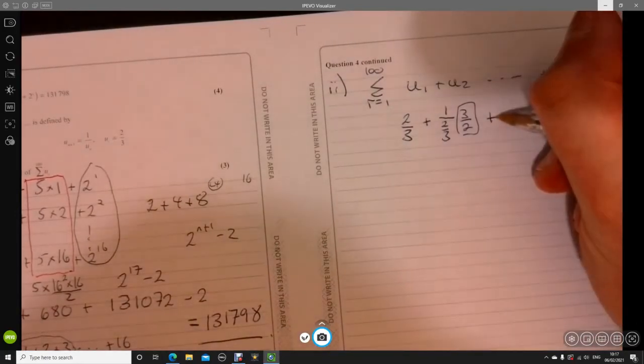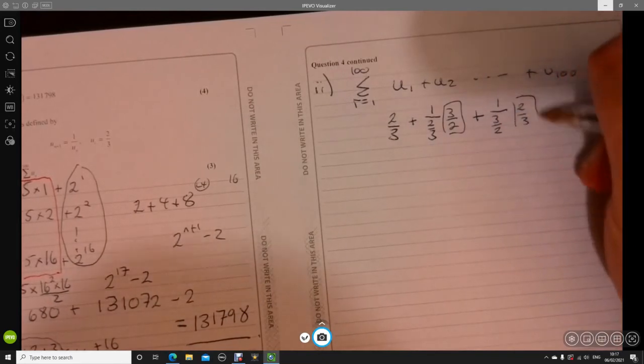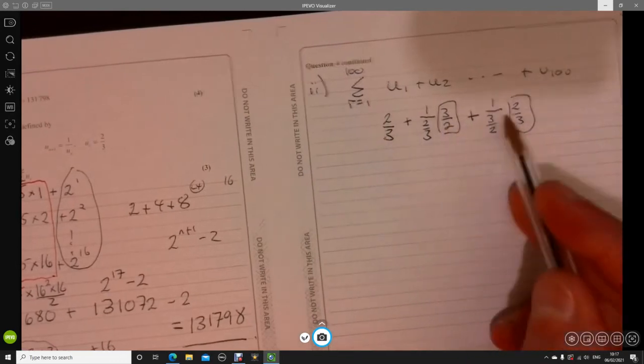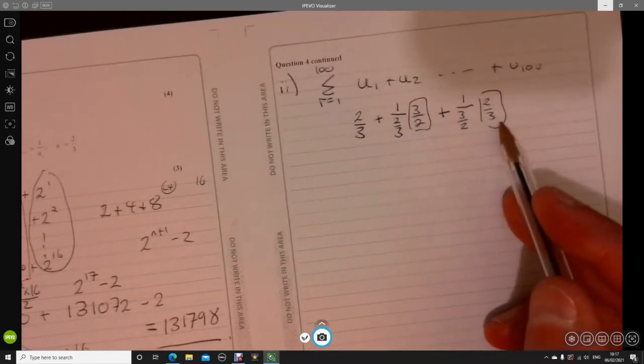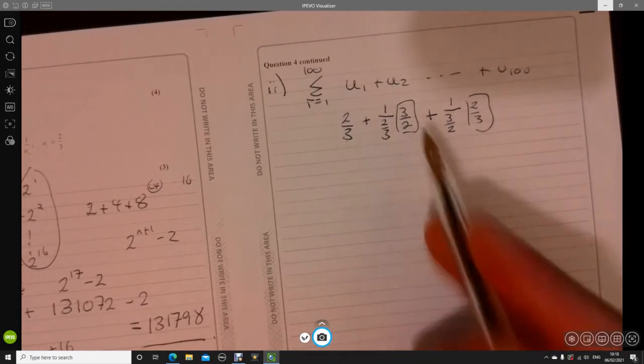So the next one is exactly the same. It'd be 1 over 3 over 2, which is 2 over 3. And then you get the idea. It's just going to carry on, right? It's just going to keep switching around, isn't it? So what's actually going to happen if I've got to do this 100 times? I'm going to get 50 of them, and I'm going to get 50 of them.